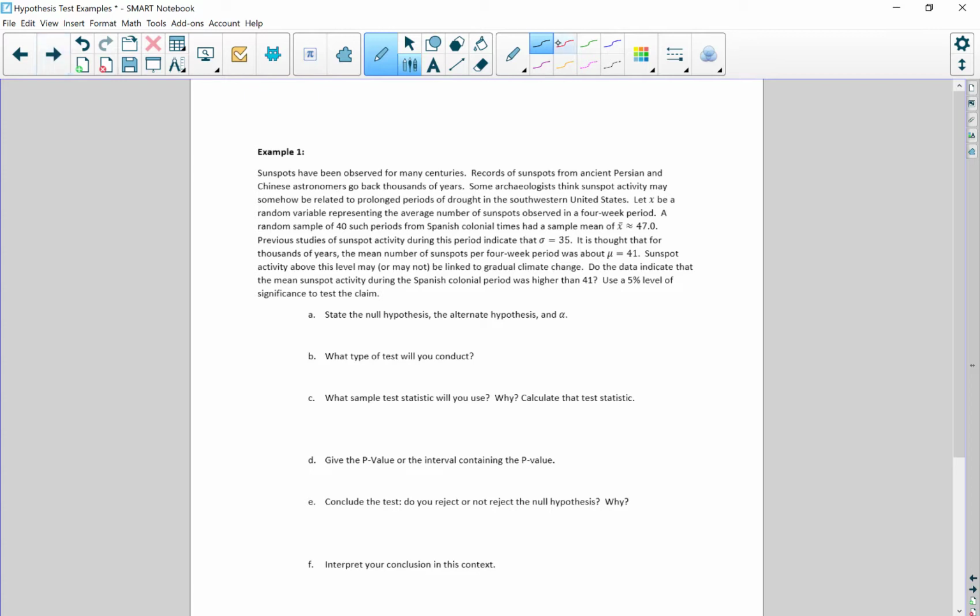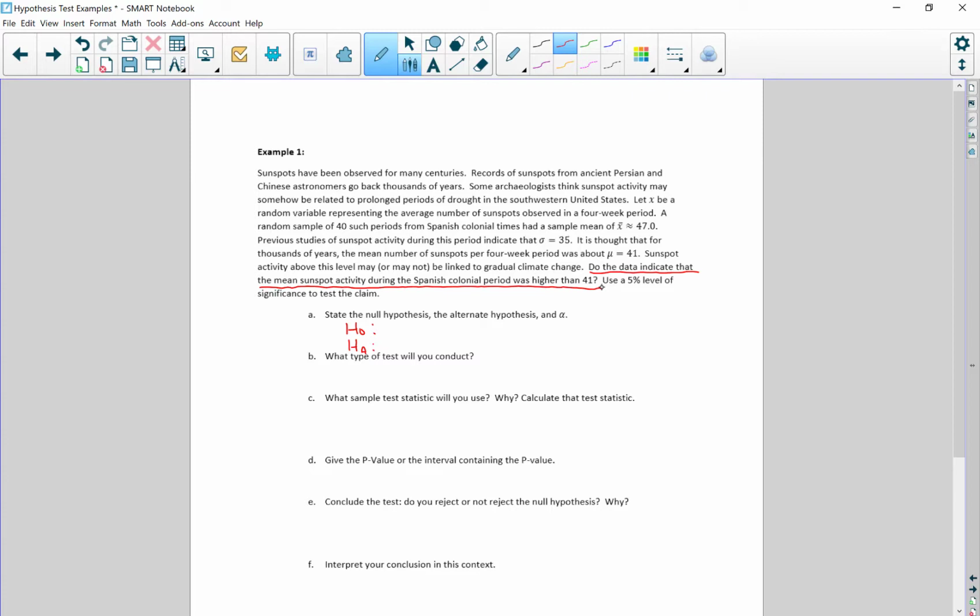All right, so first step, we need to state our null hypothesis, alternative hypothesis, and alpha. This is always easy to figure out as long as you know what the claim is. So for our null hypothesis and alternative hypothesis, usually what I look for is what you are being asked to find. So in this case, does the data indicate that the mean sunspot activity during the Spanish colonial period was higher than 41?